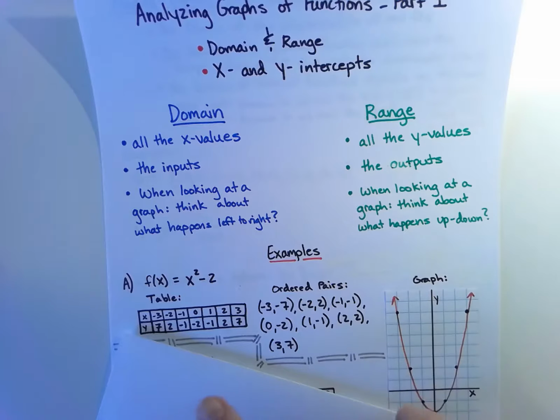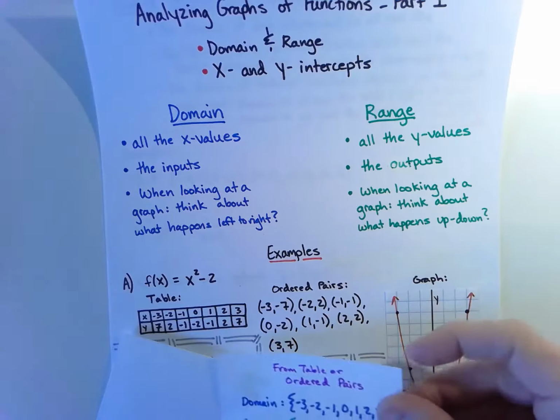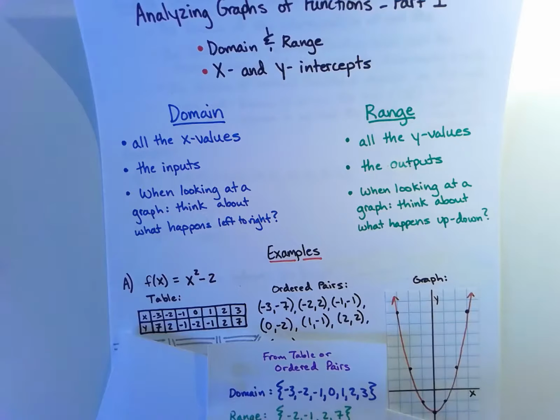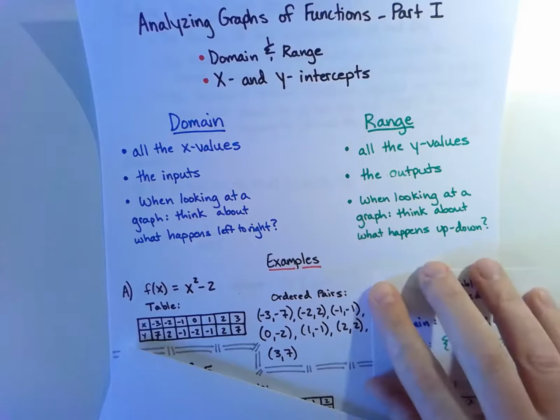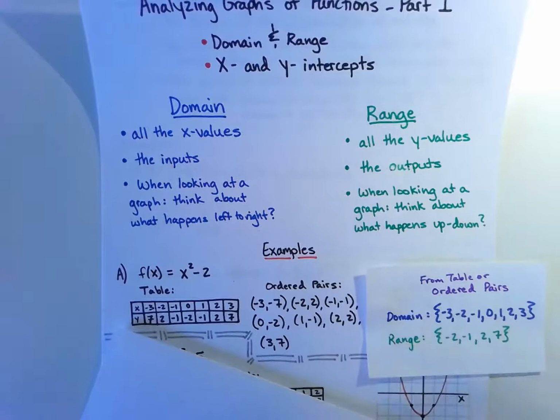Not necessarily all together, you might just be given some of that, and you're asked to find domain and range. So from a table or ordered pairs, you would just simply list out the values for domain and range as they were given. And typically we list them from smallest to largest, and you don't have to list them if they repeat each other.